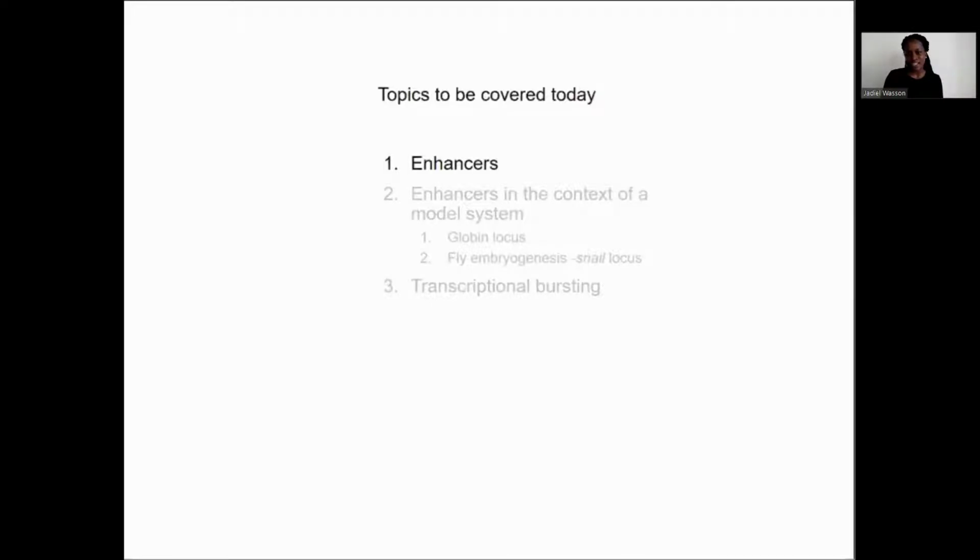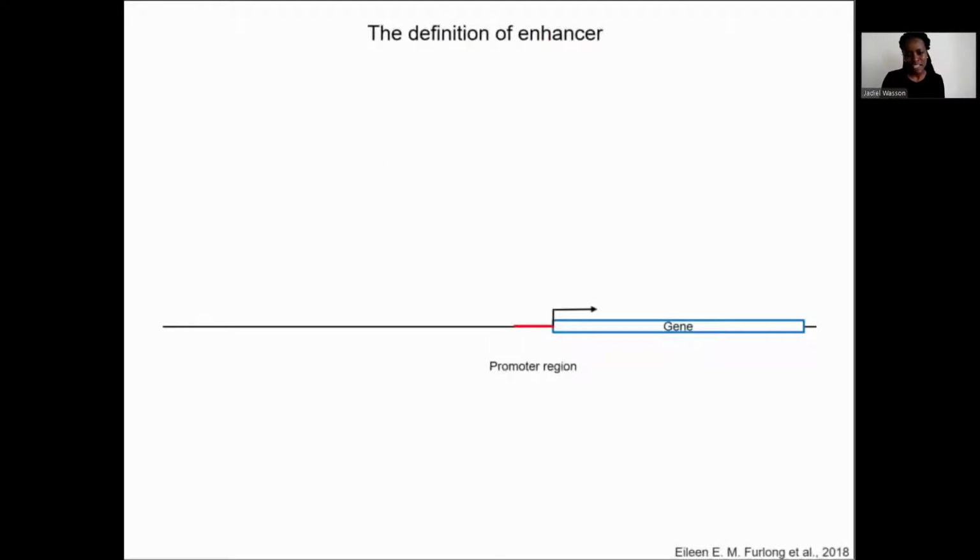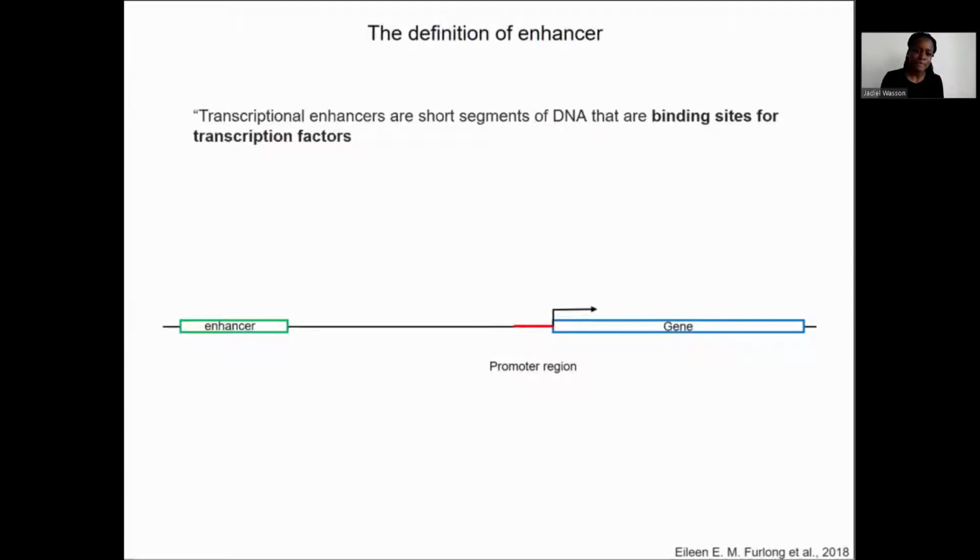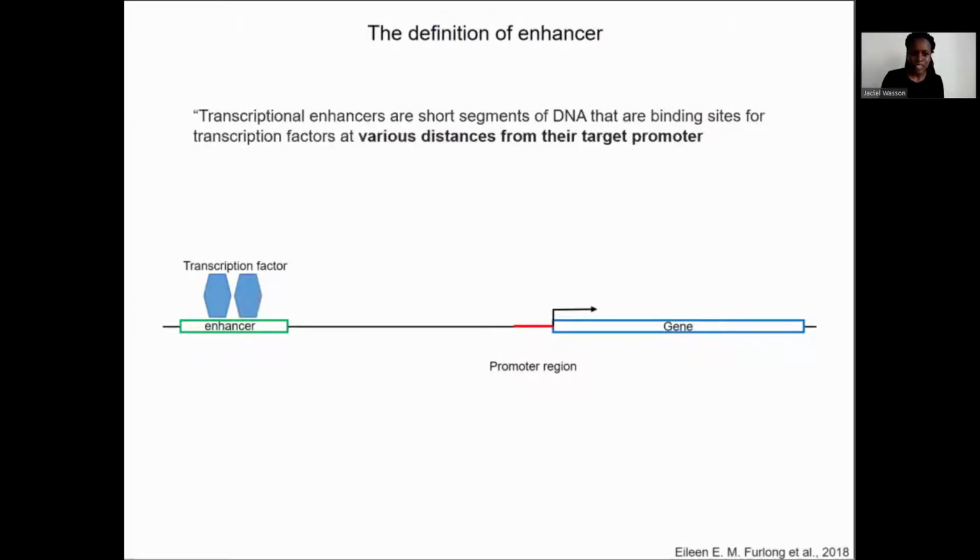So what exactly is an enhancer? The technical definition of an enhancer includes that it is a short segment of DNA, anywhere from 50 to 1,500 base pairs. Enhancers also act as binding sites for transcription factors. And they can exist at various distances from their target promoter.